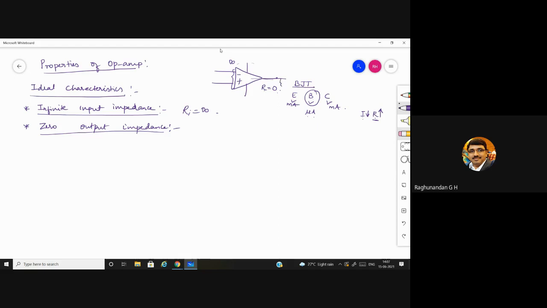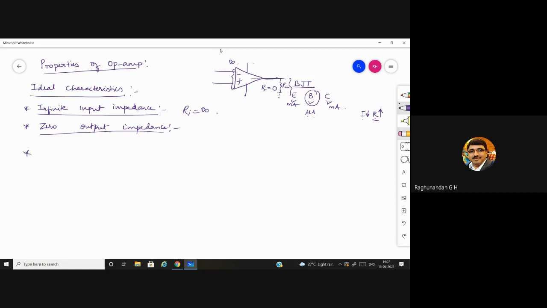For that only, we connect a load. When you connect a load, you get the voltage across it, because the opposition offered by the op amp is zero, so current will flow easily. When this current flows through this load resistance, obviously voltage will be produced. This is how, and don't get confused with these two. So output impedance is zero.